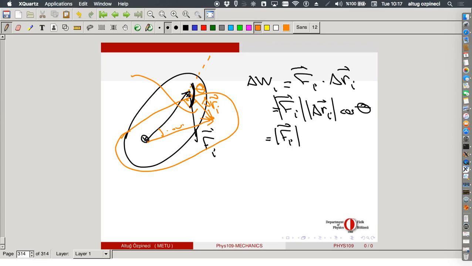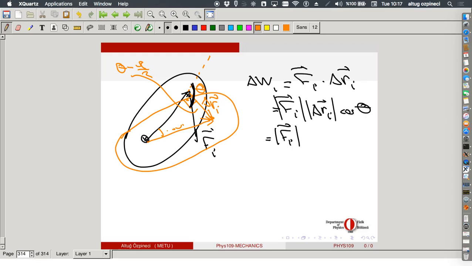So this angle over here is theta minus pi over 2, because this delta r is perpendicular to this vector for very small rotations. I'm considering a very small amount of rotation. So what is left between the r displacement vector and the force F is theta minus pi over 2.